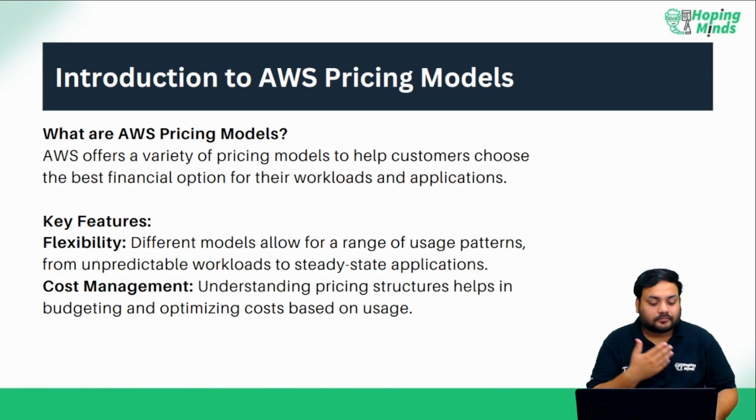Now let's talk about the key features. The AWS pricing model is very flexible, and this is the reason AWS has one of the largest user bases around the globe. If we compare AWS with other cloud service providers, AWS is the biggest market player in the space of cloud. Why is it so? Because AWS provides lots of flexibility. The first thing is that AWS has a free tier model.